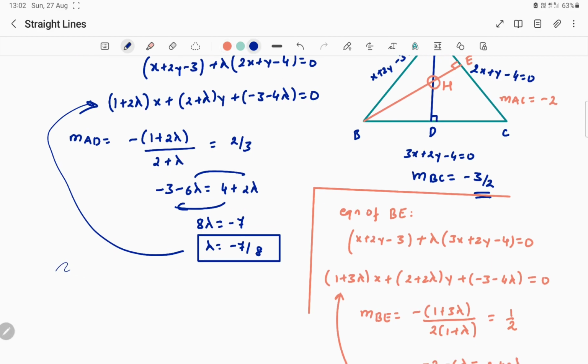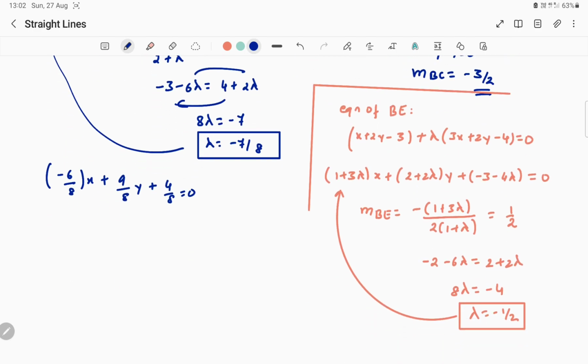So when we substitute minus 7 by 8, how much do we get? 1 minus 14 by 8, which will be minus 6 by 8 x. Y will be 16 minus 7, which gives 9 by 8 y. And this will give you minus 24 and plus 28, which is plus 4 by 8 equal to 0.